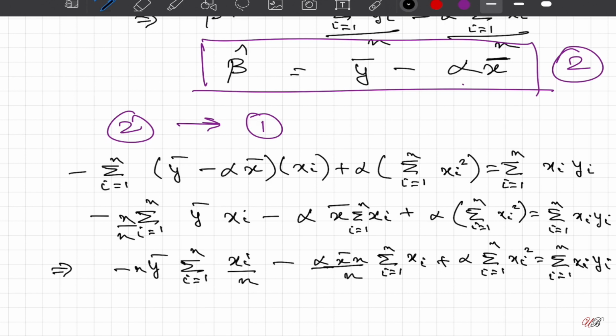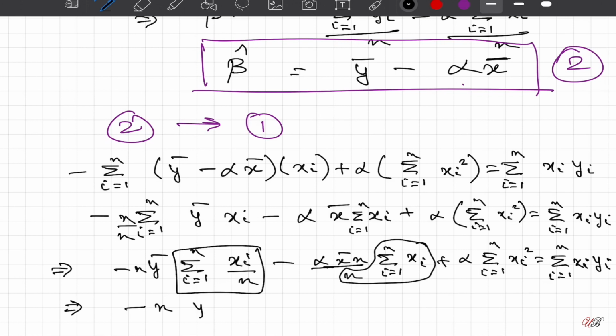Now this particular term is again mean of x, and this term again is mean of x. So this reduces to minus n y hat x hat minus alpha x hat, and other terms remaining as they are, 1 upon n xi square.